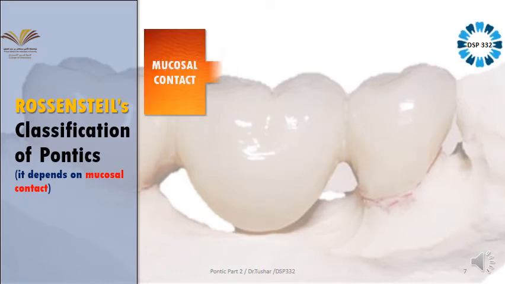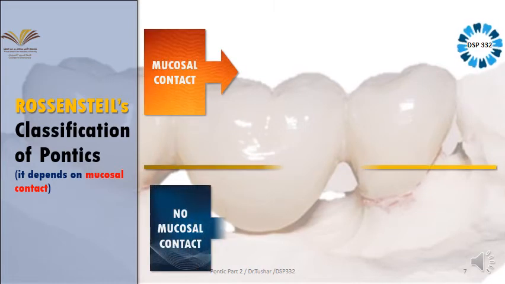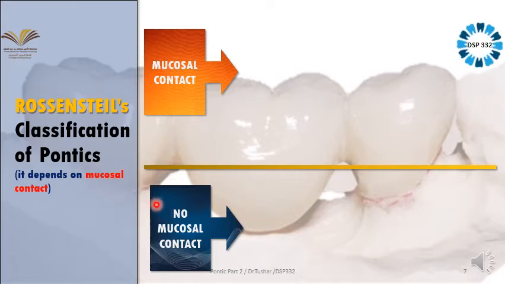In his classification, all the pontic designs are nearly the same, but he was clever. He categorized these pontics into two subcategories: mucosal contact and no mucosal contact.